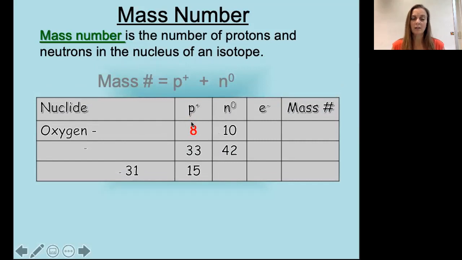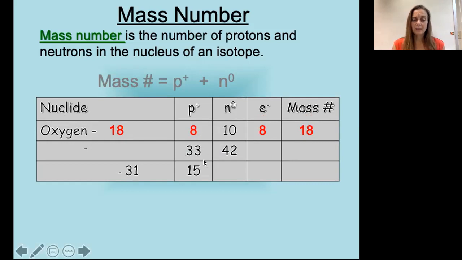We can look at the atomic number on the periodic table, and it'll tell us that oxygen has 8 protons. Since it has 8 protons, it must also have 8 electrons, and our mass number is protons plus neutrons, so that's going to be 18. And so we name this nuclide, this isotope of oxygen, oxygen 18, and that 18 tells us its mass number.